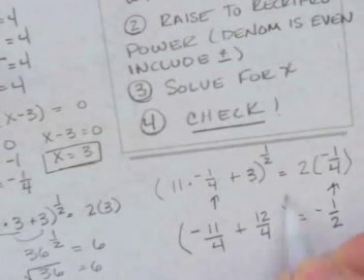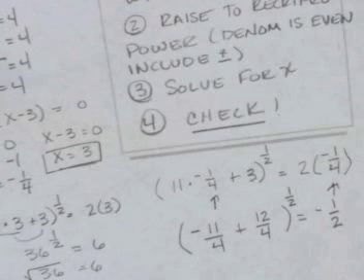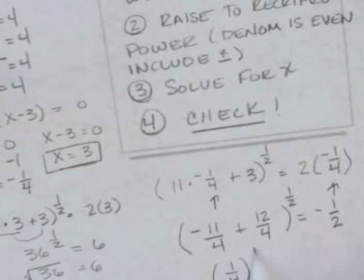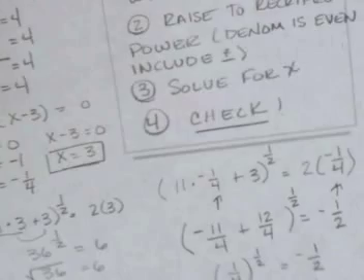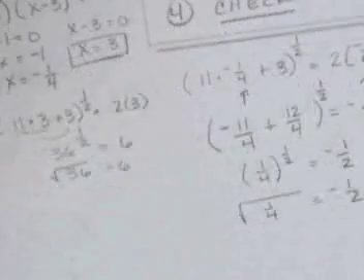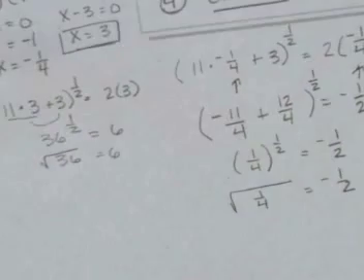So this, and we have our power here, our rational exponent. So this, if I add, ends up being 1/4 to the 1/2 power equals negative 1/2. And this is like saying the square root of 1/4, remember? So I can rewrite that as the square root of 1/4.